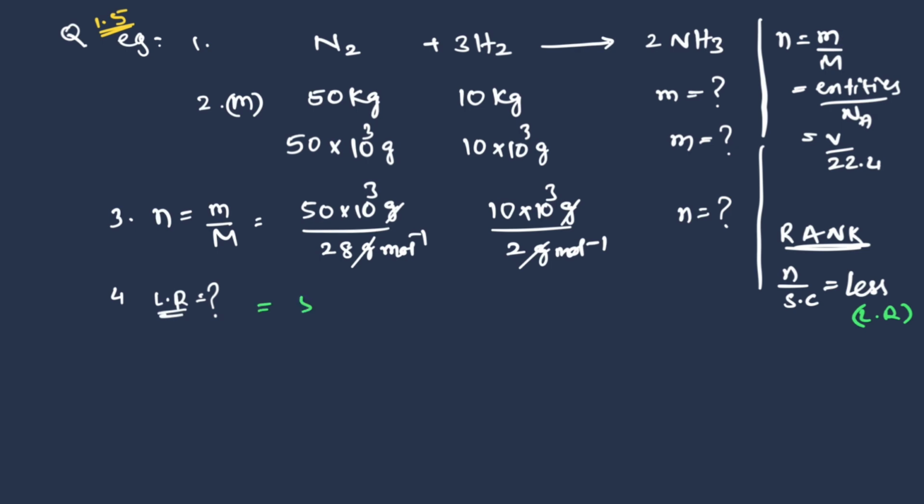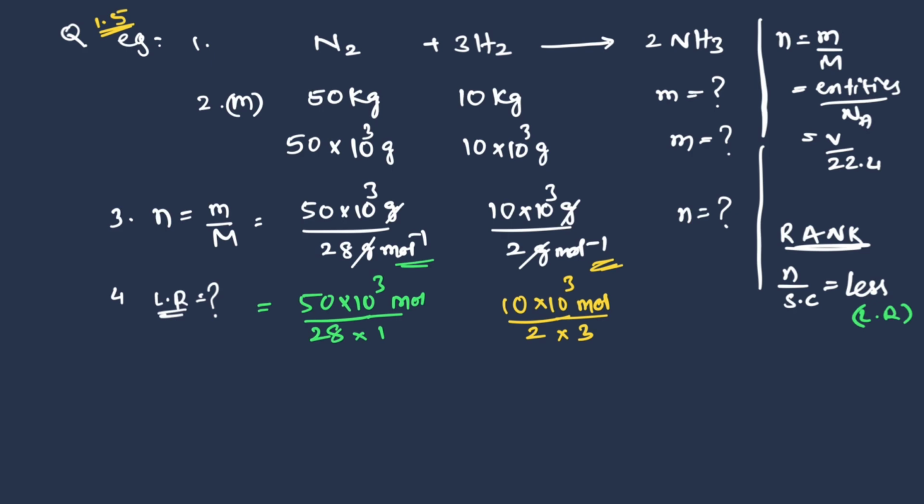This is 50 into 10 power 3 divided by 28, mole inverse convert into moles, divided by stoichiometric coefficient, that is 1. Then here 10 into 10 power 3 divided by 2, mole inverse convert into mole, and its stoichiometric coefficient is 3.